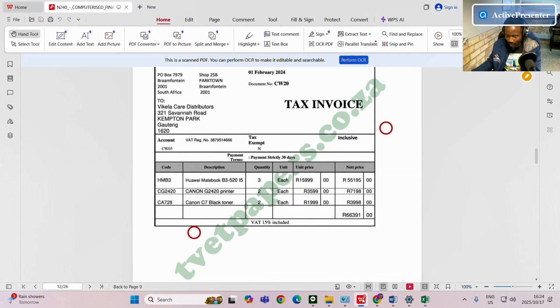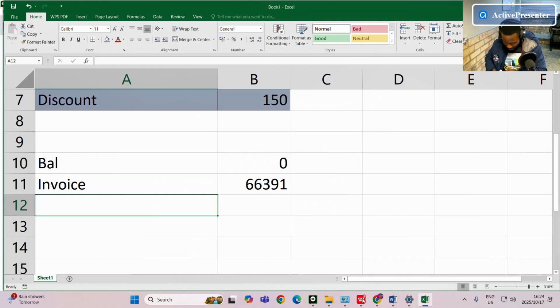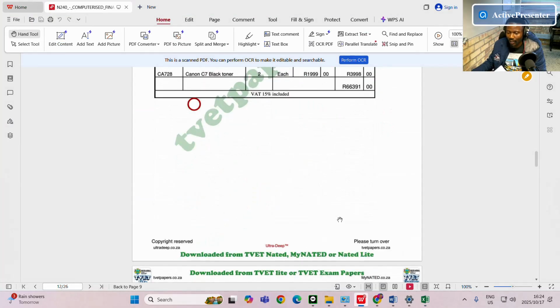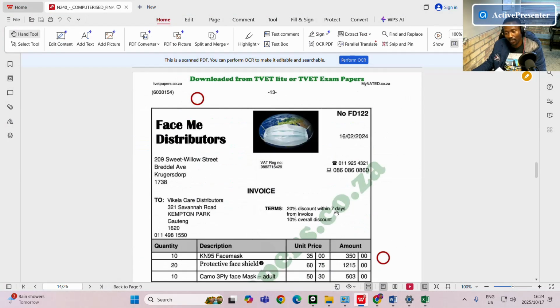Let me just confirm. Sorry, there's no need for me to go confirm because I actually do have it here in front of me. So I'm just gonna open it here. Yes, it is 66,351.